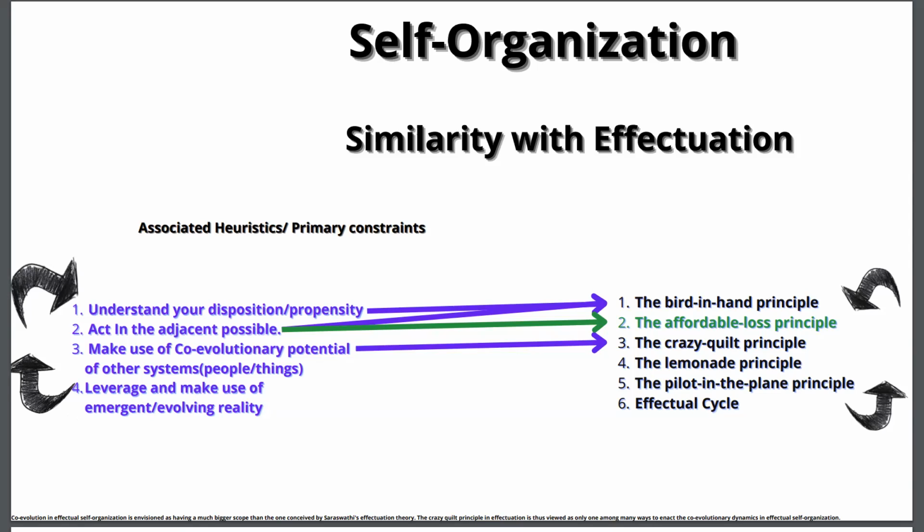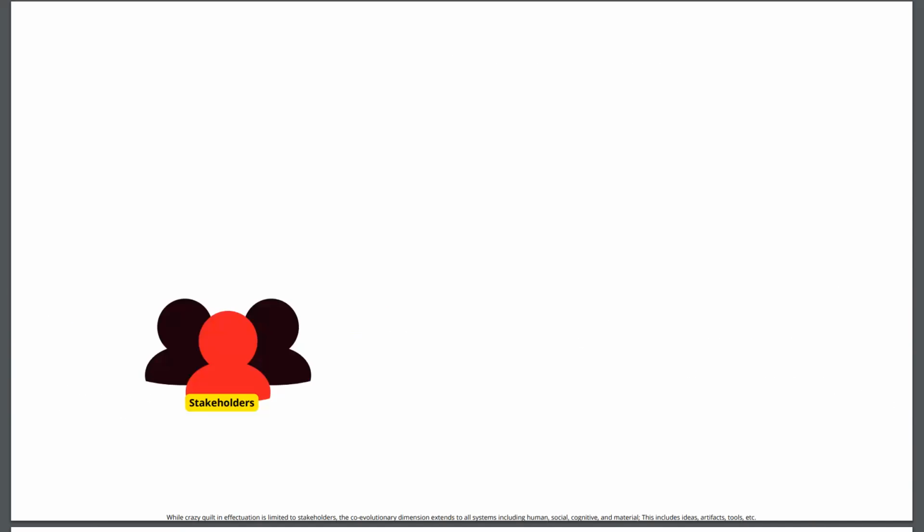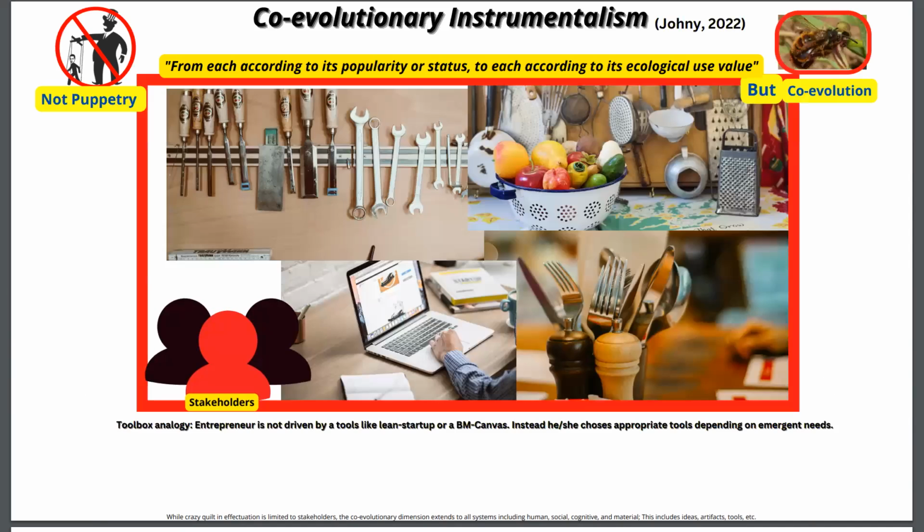The crazy quilt principle in effectuation is thus viewed as only one among many ways to enact the coevolutionary dynamics. While the crazy quilt in effectuation is limited to stakeholders, the coevolutionary dynamics extends to all systems, including human, social, cognitive, material. This includes ideas, artifacts, tools, etc.